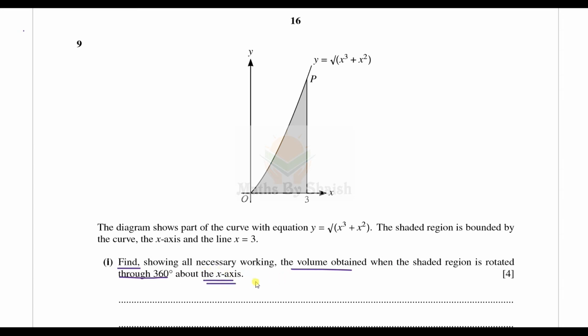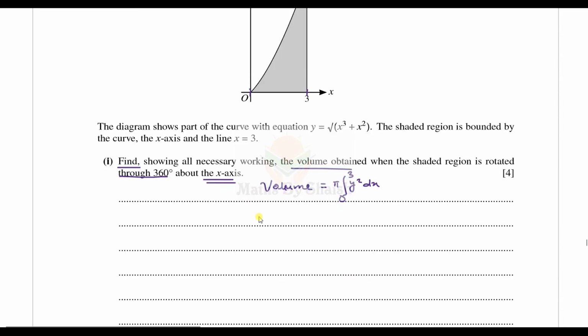About the x-axis, there is a fixed formula, we know it. Volume is the integral of pi y squared dx, from the starting limit of x to the end limit, that is 0 to 3. Here y is equal to square root of x cubed plus x squared, and hence y squared will be x cubed plus x squared only, because we are squaring both sides.